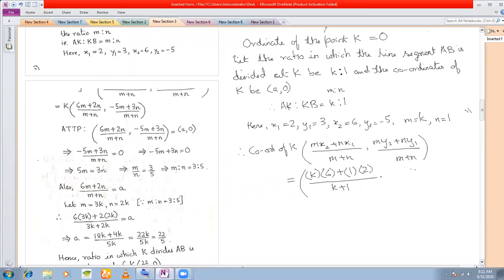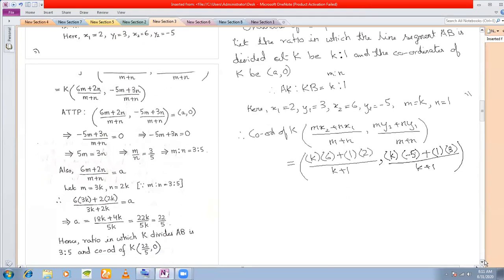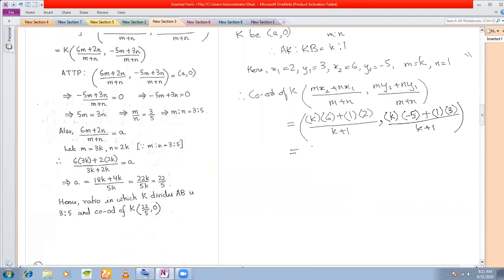Similarly here m is k, y2 is minus 5, n is 1, y1 is 3, m plus n is k plus 1. So the coordinates of K come as 6k plus 2 by k plus 1 and minus 5k plus 3 by k plus 1.